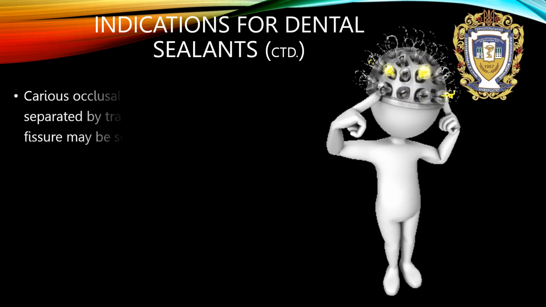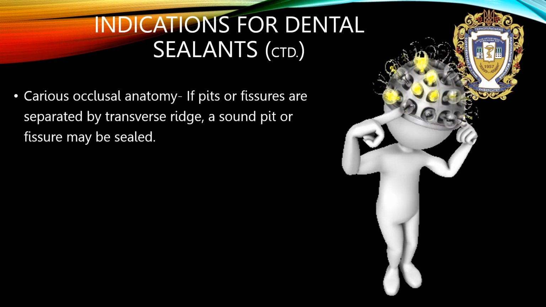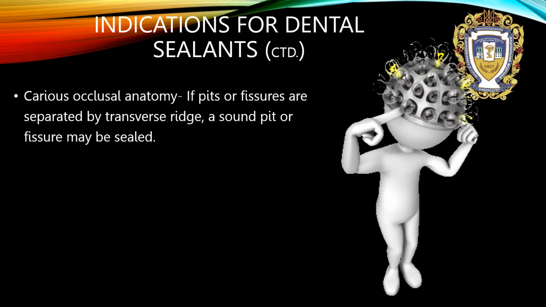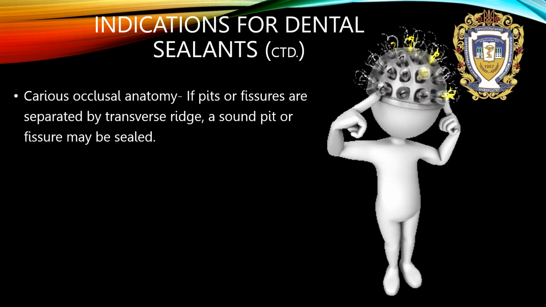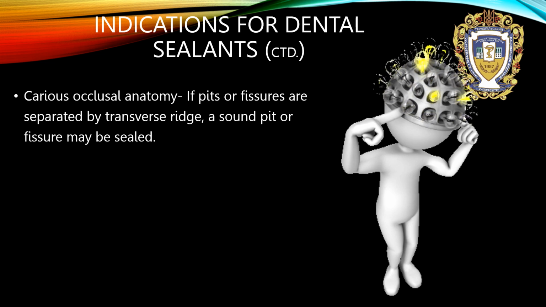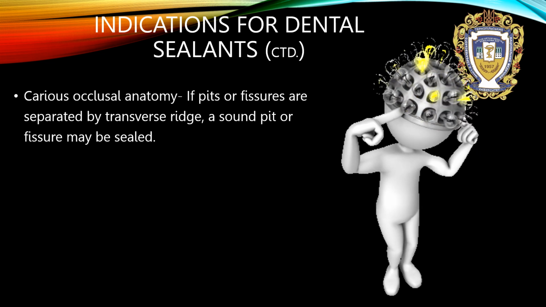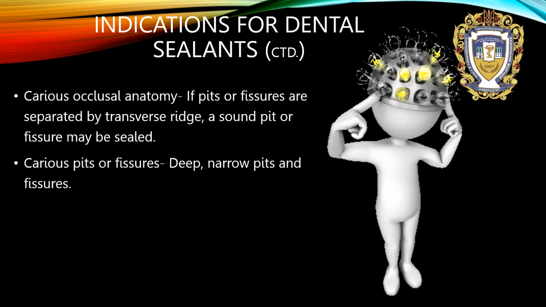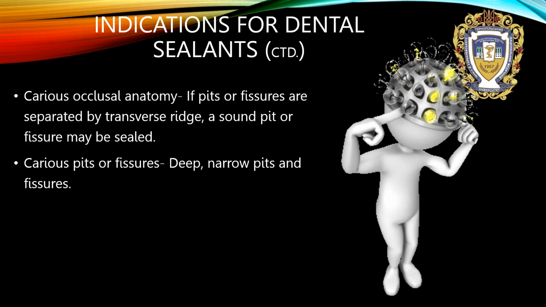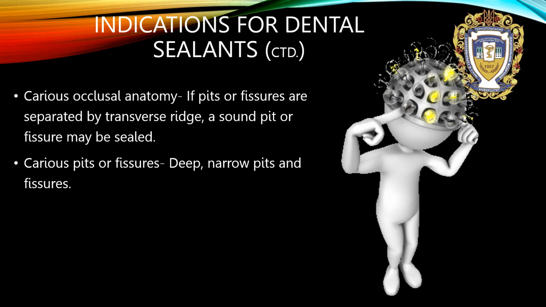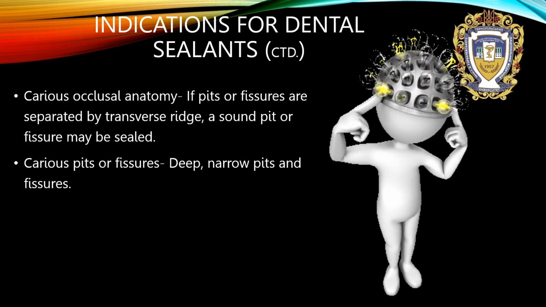Then, next indications. Carious occlusal anatomy: if pits or fissures are separated by a transverse ridge, a sound pit or fissure may be sealed. Carious pits or fissures, deep, narrow pits and fissures.